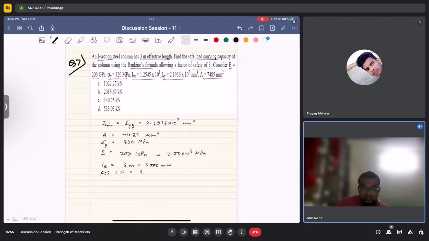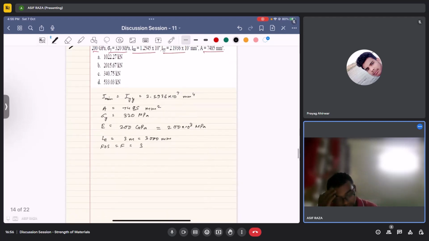Now let's solve it. So first thing first, what would be my radius of gyration? That would be I minimum upon A, that is 2.1936 into 10 power 7 upon 7485. Let's do this calculation.